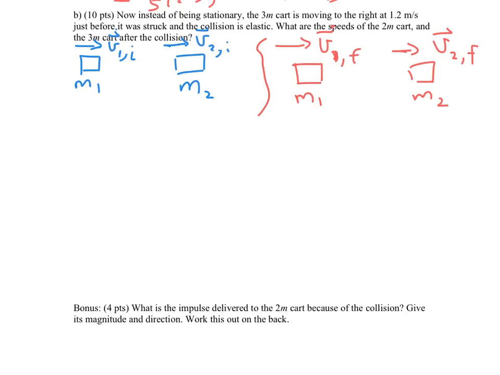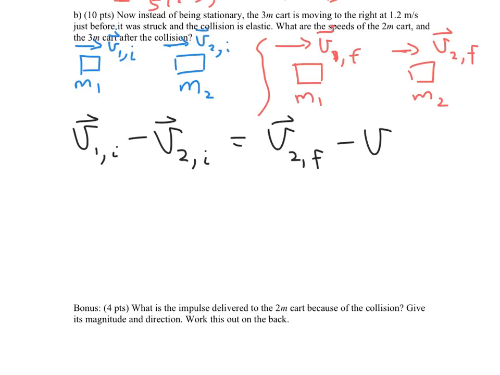It says v sub 1 initial vector minus v sub 2 initial vector must be equal to v sub 2 final vector minus v sub 1 final vector. Now, if you know this, then the algebra works out to be rather simple.